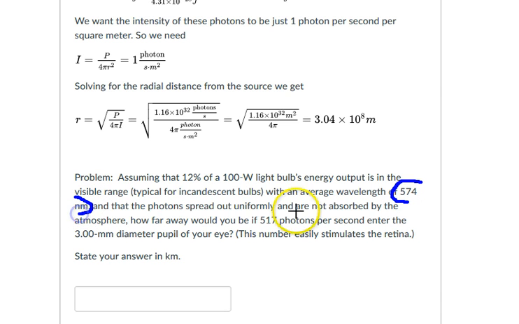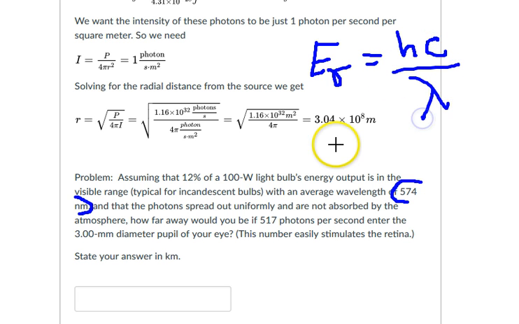We have 574 nanometers. So the energy per photon, E gamma, well, we don't have frequency, we have wavelength. So we use hc divided by lambda. That gives us the energy of an individual photon.